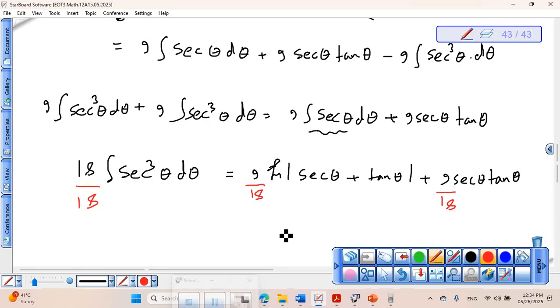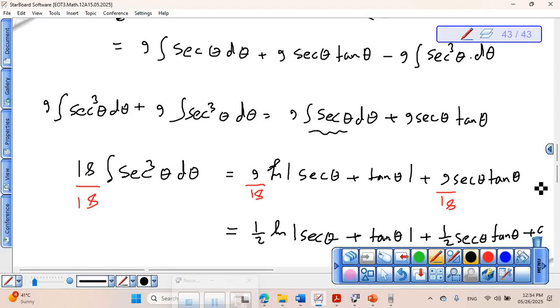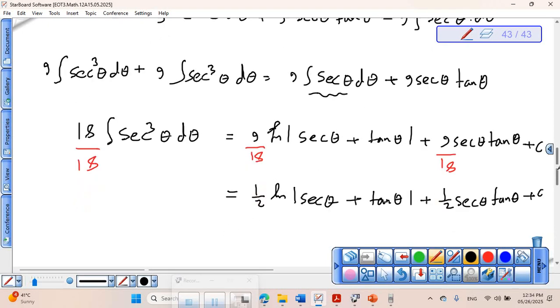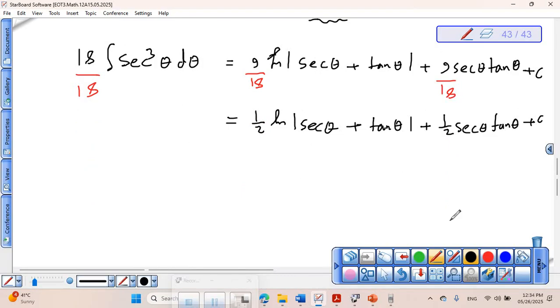This equals half ln of the absolute value of sec theta plus tan theta, plus half sec theta tan theta, plus c. Don't forget plus c. This is the answer, but this is not the final answer.